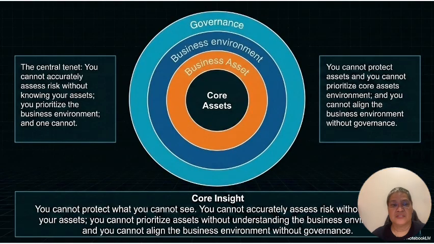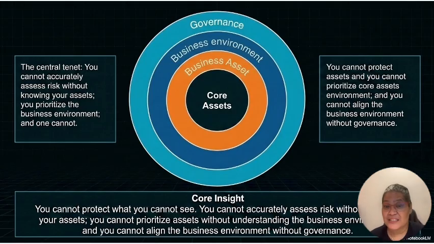Now, you see several circles within this particular slide, right? So we have to understand alignment, right? If you look at the center of the screen, there's something that we call core assets or core insights. This is like the golden rule. You cannot protect what you cannot see, right? Just like in anything in security, you cannot protect what you cannot see, what you cannot inventory, right?